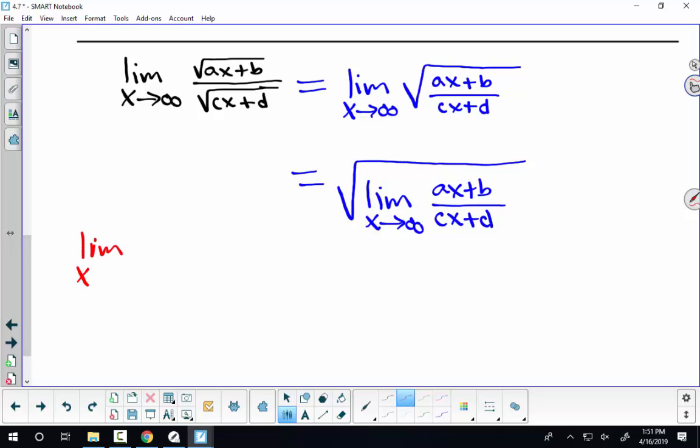If I ask you to compute the limit as x goes to infinity of 2x squared plus 4x over x squared minus 1, what would that limit be? 2. 2 over 1, right? Leading term over leading term. So a over c, right? Leading term over leading term here. ax over cx, the x's divide out.